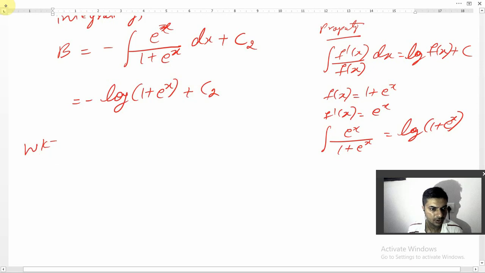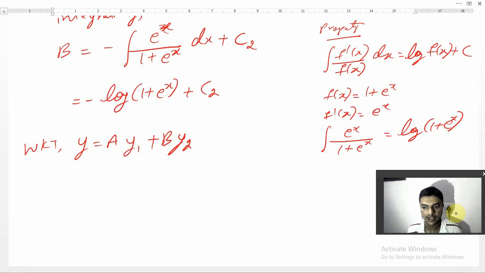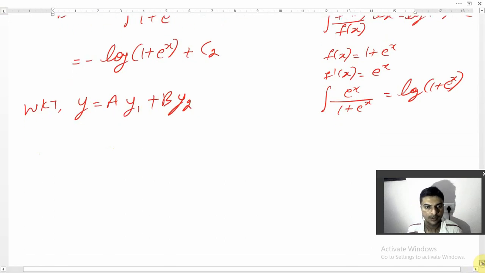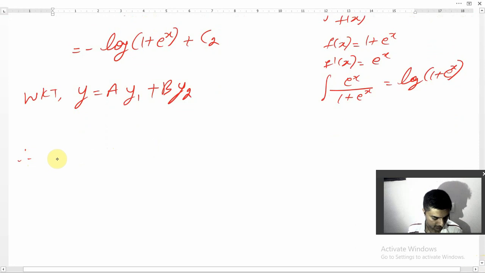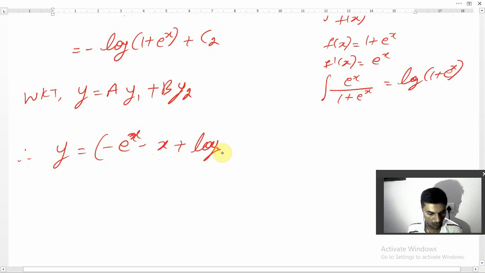So we know the solution here students, y is equal to a y1 plus b y2. Substitute the values, we get the solution. Yes, what is the solution we are going to get here students? Therefore this is the final answer, that is y is equal to, I am going to substitute a value, that is minus e raised to x minus x plus log of 1 plus e raised to x plus our value, that is c1 constant.